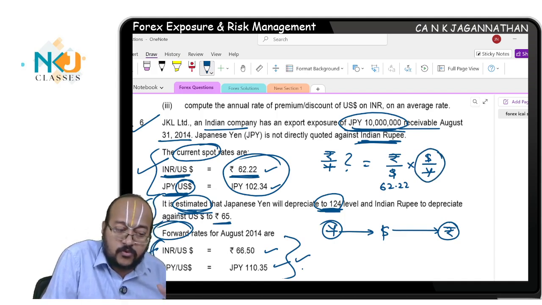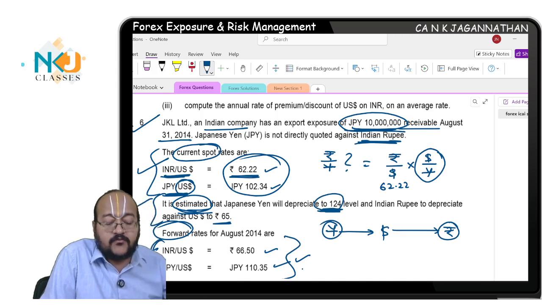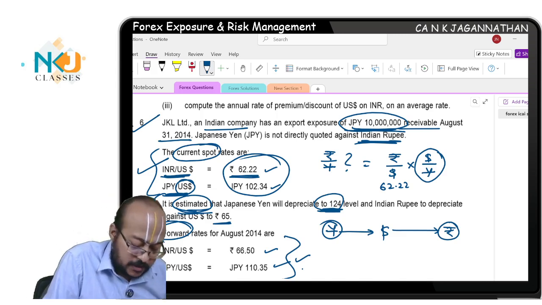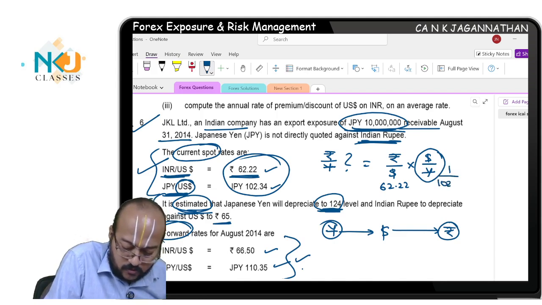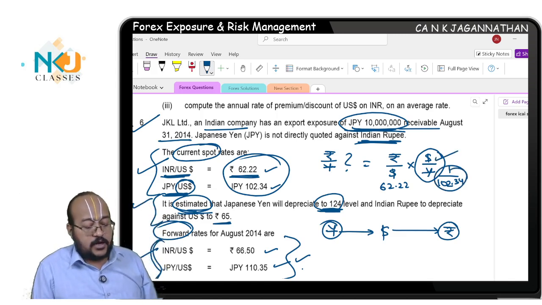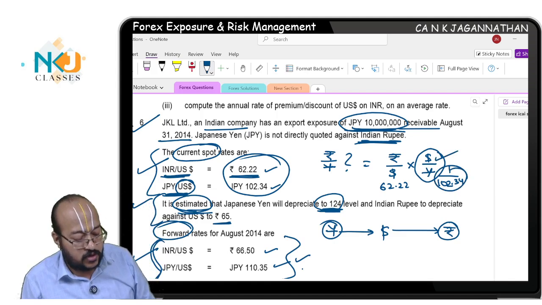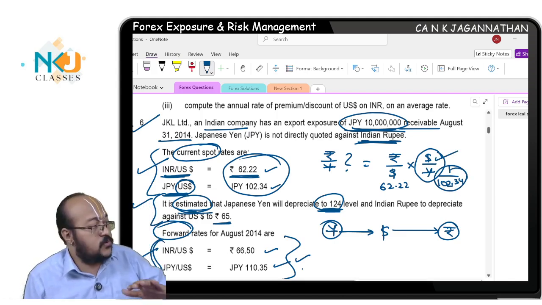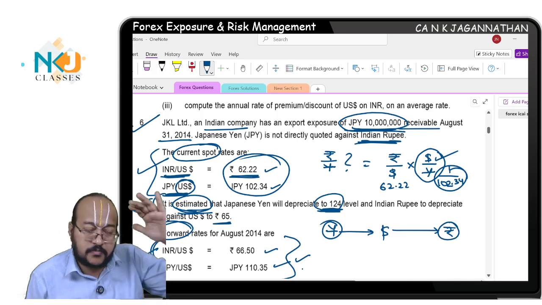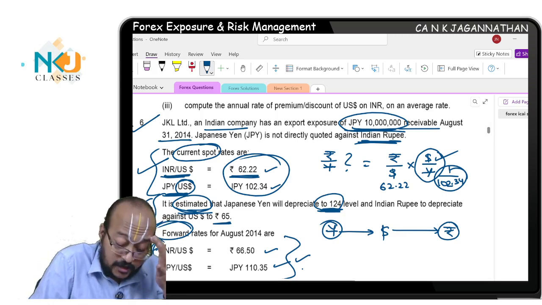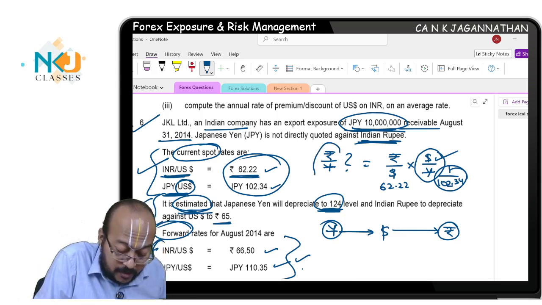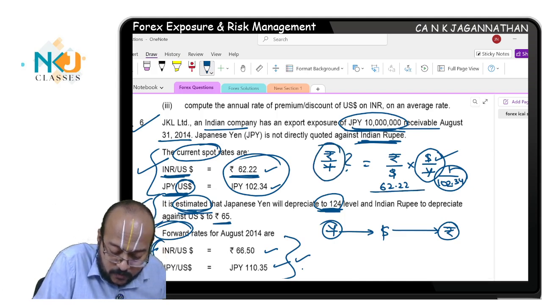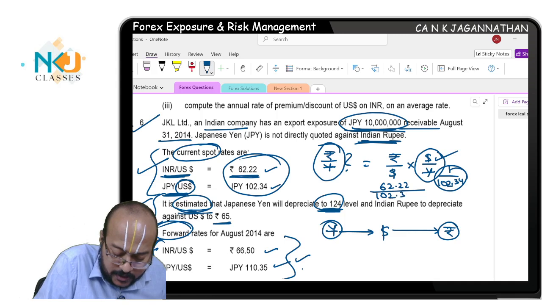Yen per dollar is given, so 1 divided by yen per dollar will give you dollar per yen. Yen per dollar is given as 102.34, and to convert it into dollar per yen, simply 1 divided by 102.34. Effectively, the cross rate rupee per yen will be nothing but 62.22 divided by 102.34.